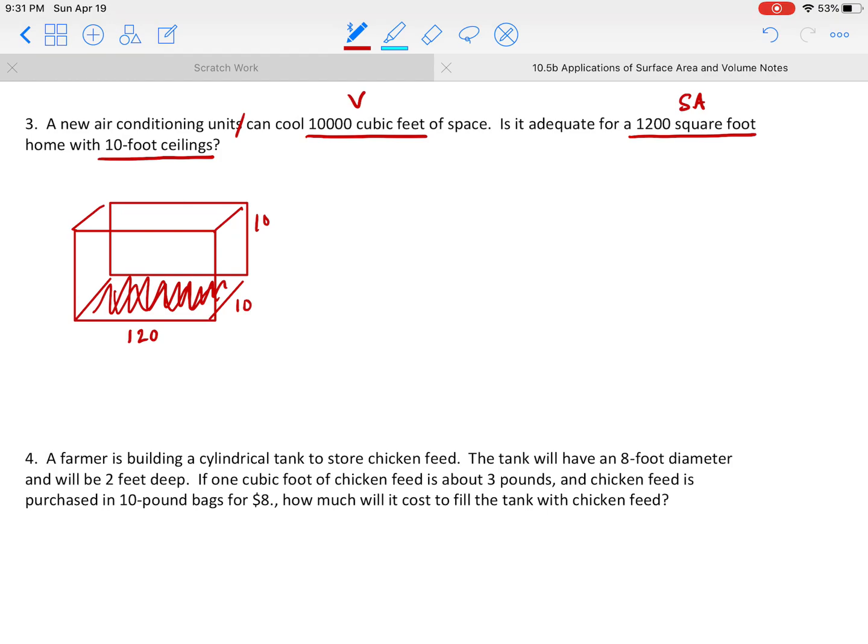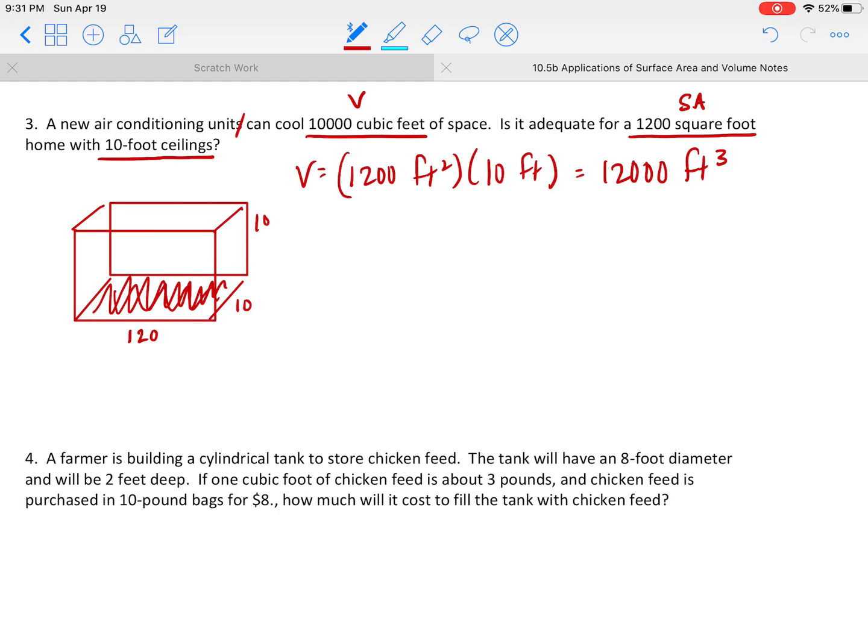So if we want to find the volume, we just have to take that square feet and multiply by the third dimension, which was the 10-foot ceiling. So we're going to take the 1,200 square feet and multiply by the 10-foot ceilings to give us 12,000 feet cubed of space, of volume. Now the air conditioning unit can cool down 10,000 cubic feet of space.